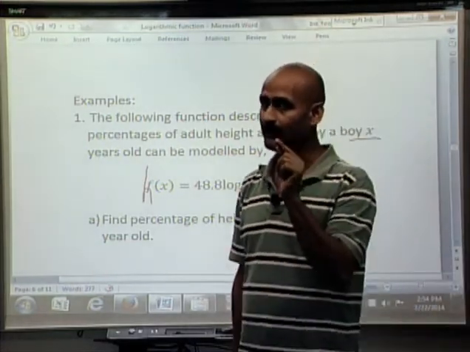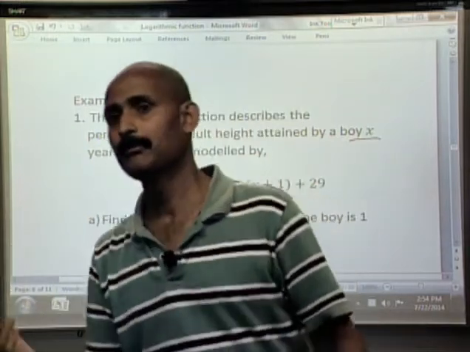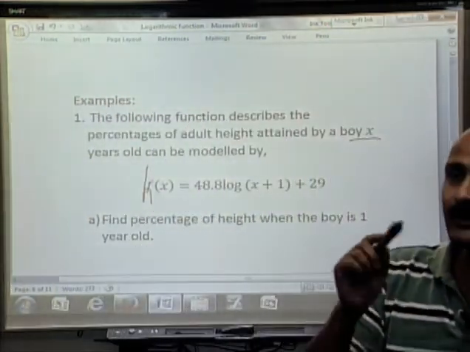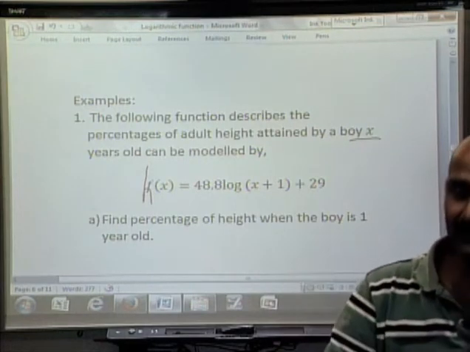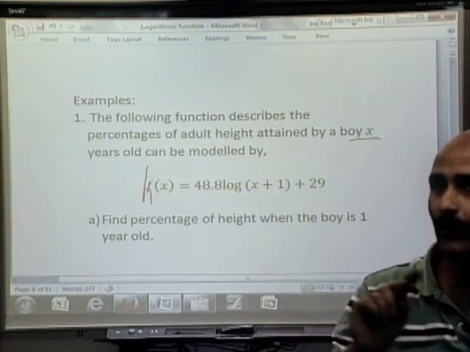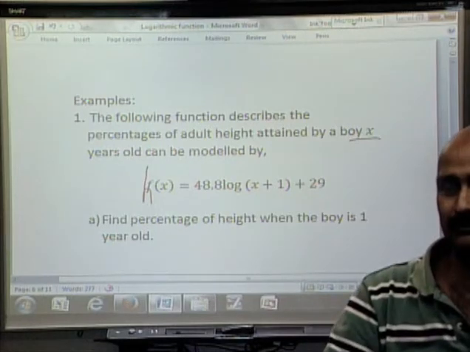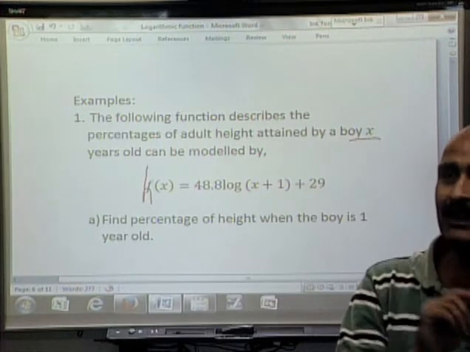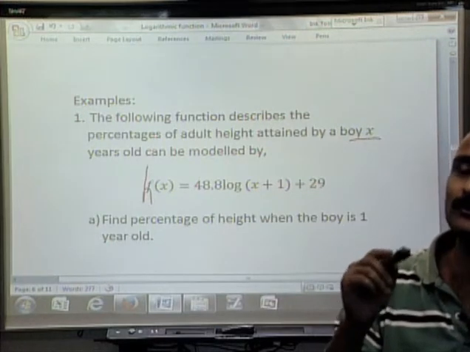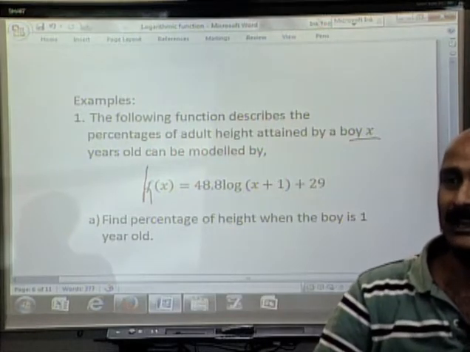Recall what I mentioned, the height of a human is a growing process. However, the growth is slow. You will not find any individual whose height grows from 1 foot to 5 feet suddenly by the end of the next day.